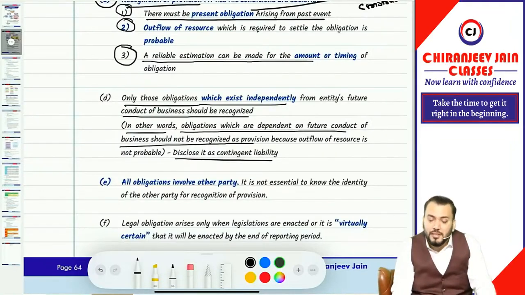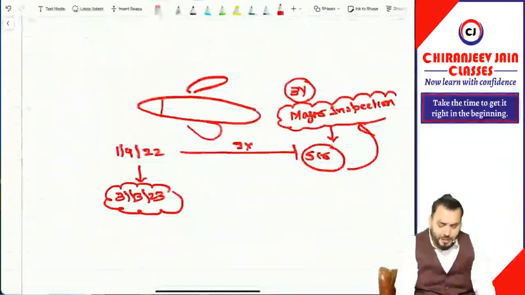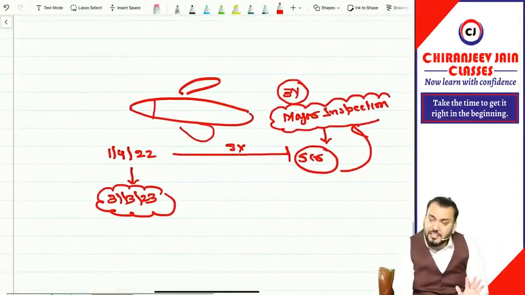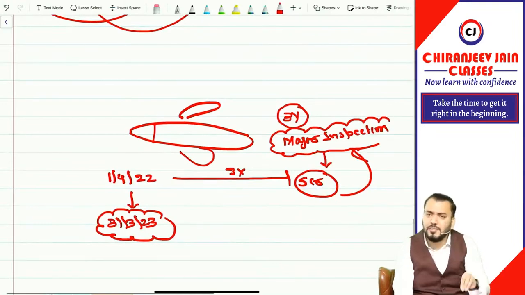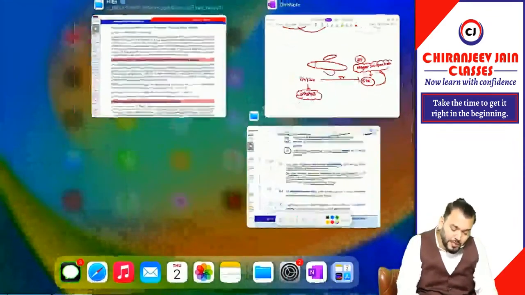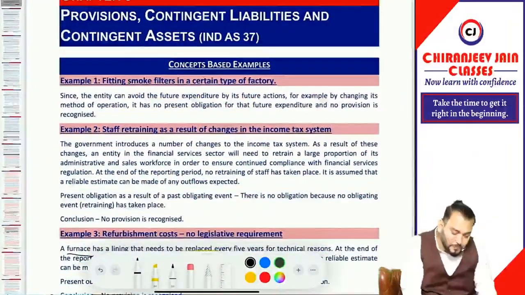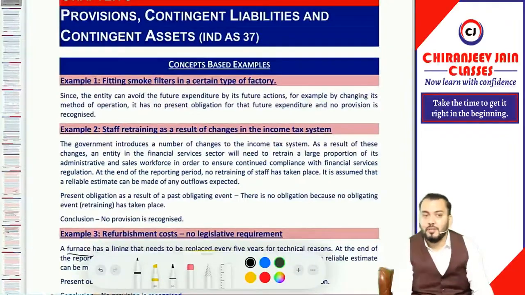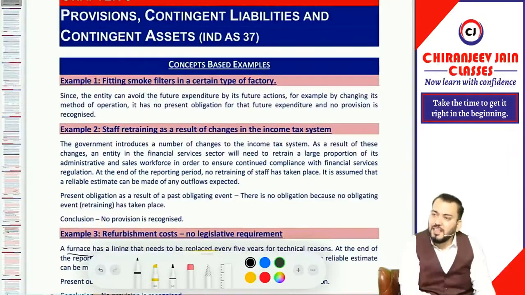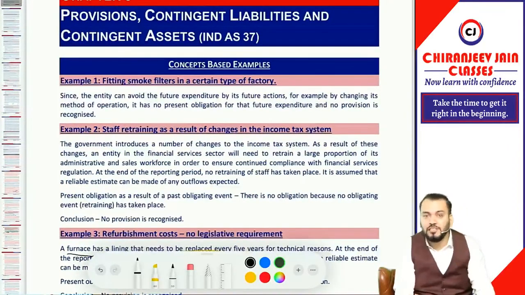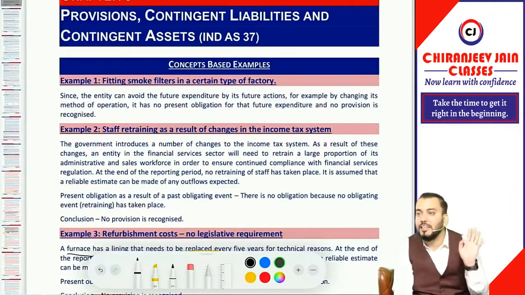Have you understood? Let me take one more example for better clarification. This example you have understood? All these examples are mentioned in your question bank through illustrations only. When you read the question bank now, you can see concept-based examples are given. I have taken these examples from there. These are all given in the ICAI study material.